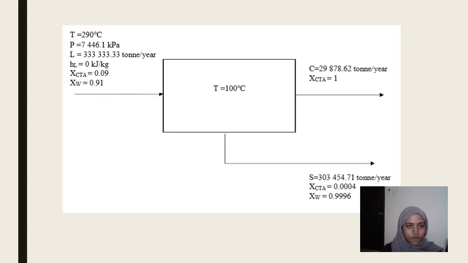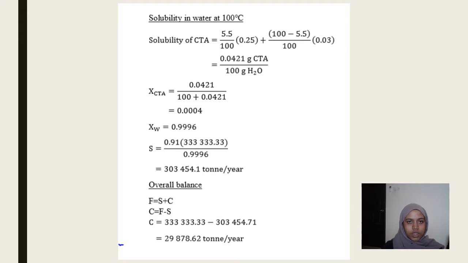As you can see, the feed is from the liquid stream of the evaporator, and there is no water stream as, by the assumption, no water is vaporized, and at the C there is no composition of water, and then there is the solution. So we are going to see the calculation of the crystallization.